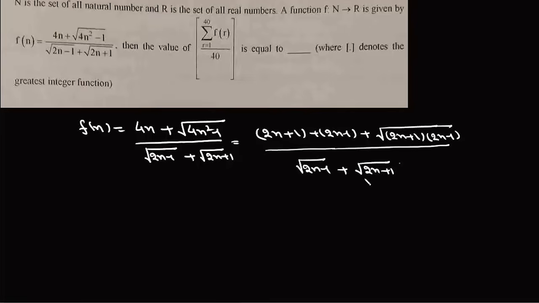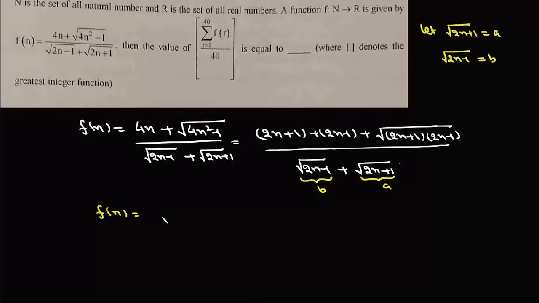And if we take under root 2n plus 1 as A and under root 2n minus 1 as B, then basically this Fn is A square plus B square plus AB upon A plus B.